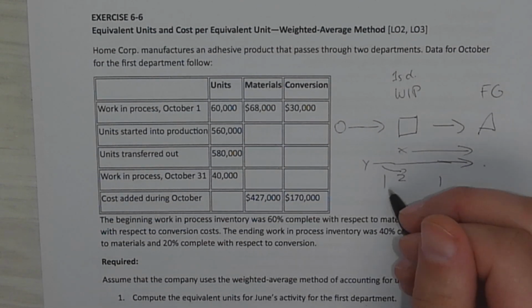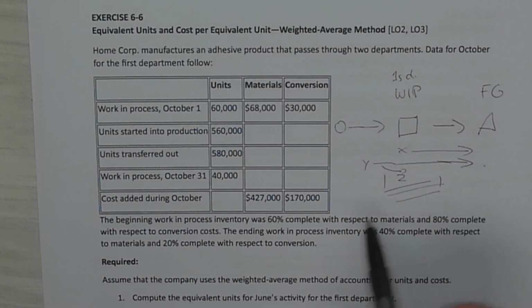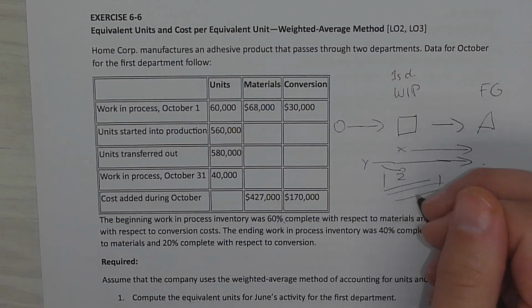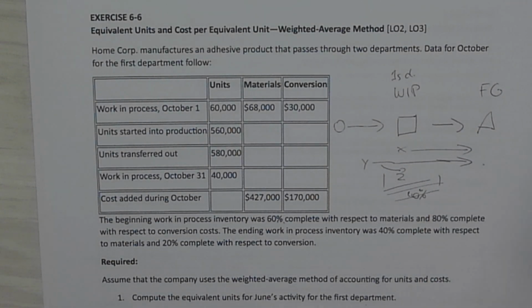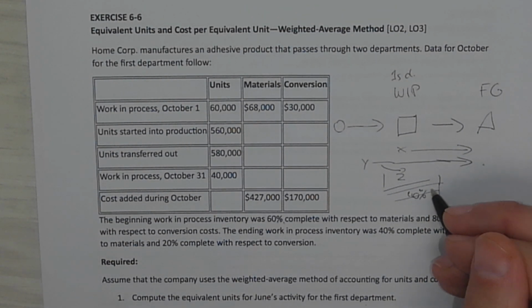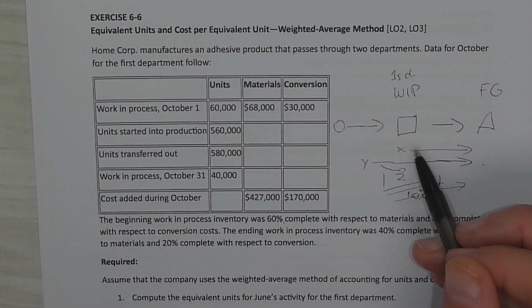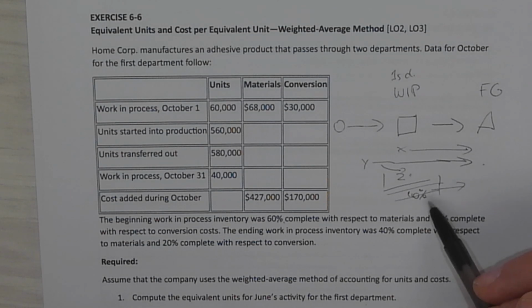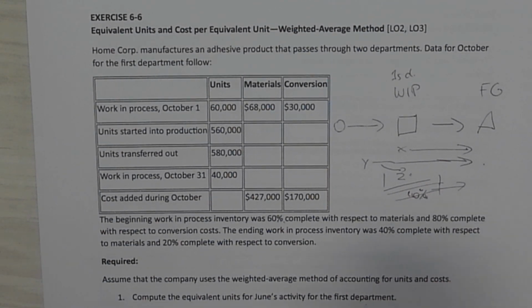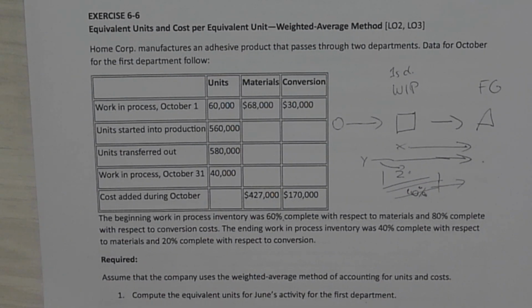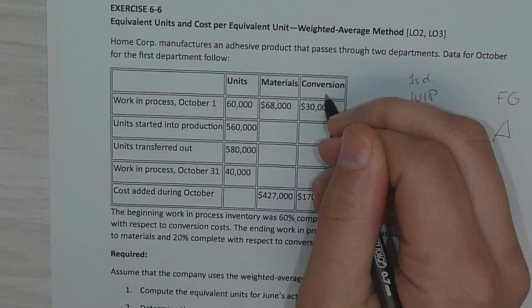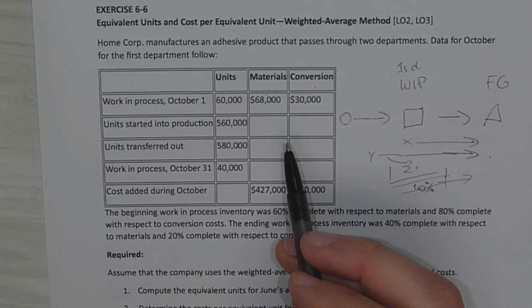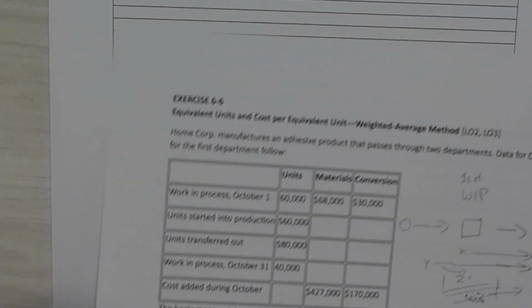So we need to know if this closing balance is, in this case, 60% complete or 40% complete. How much do we say of that is complete? Well, 40% of that. So we need to determine how many have gone through, how many are left here, and how much we should say has gone through, or the equivalent. Equivalent means our best guess. To do that, we need to do it by both materials and conversion, and determine the equivalent units of production of both.